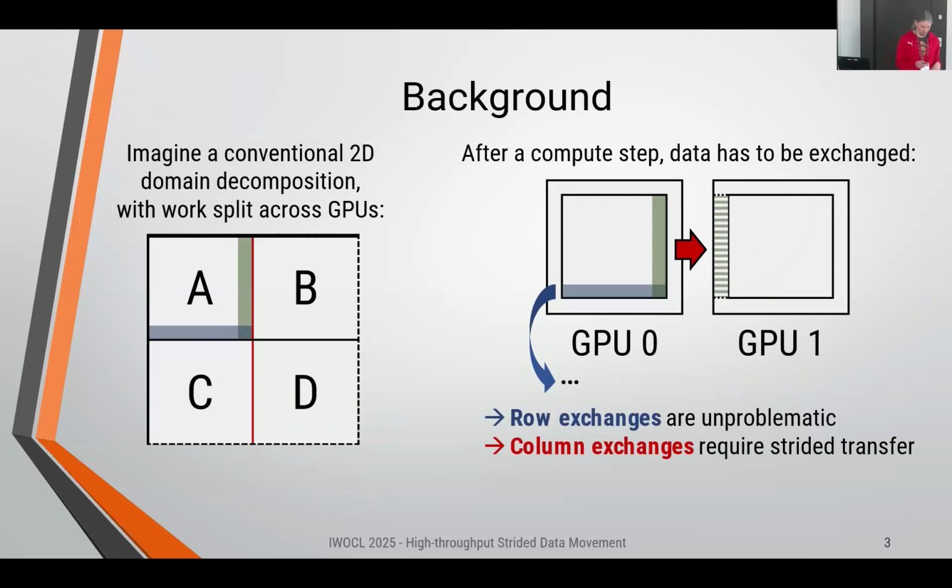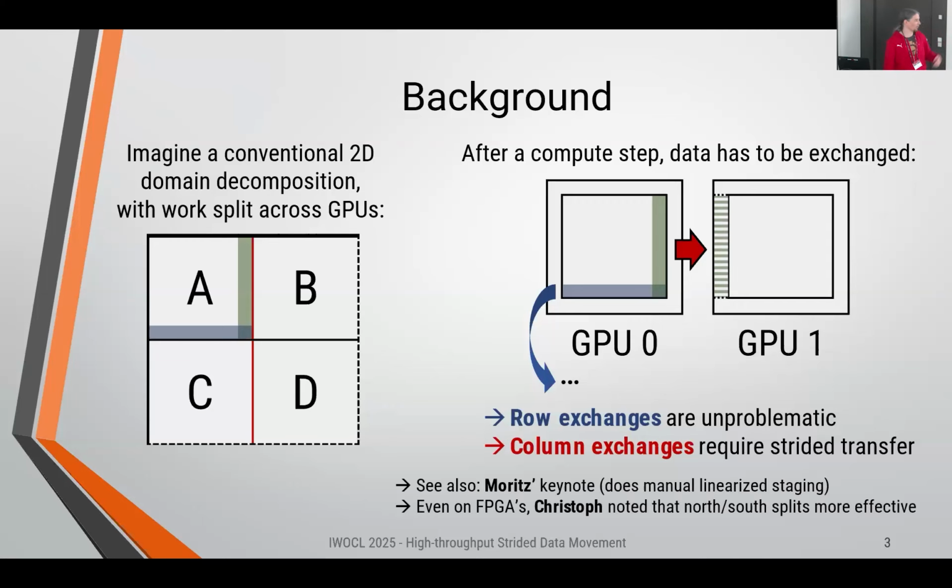When you're moving those from a row to another row, as you can see in the blue here, this works very efficiently in general because you have a contiguous block of data and you're just moving it. When you need to move a column, it can be more problematic because then you have a strided data layout. And of course, in higher dimensions, it gets even more complicated.